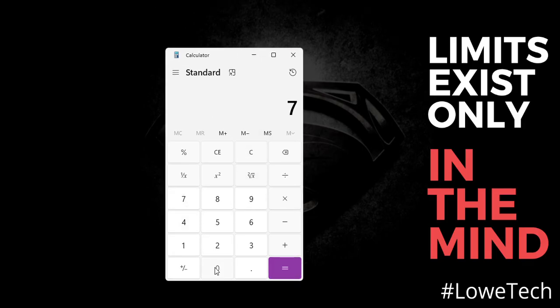So 7,000 divided by 24 equals 291. So we are going to round it off, just like we have this. We'll round it off to 291.67. Or maybe we can use 291.7, yes.